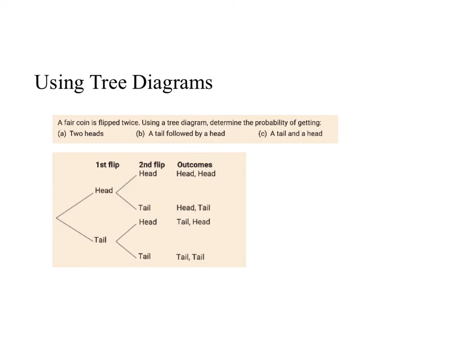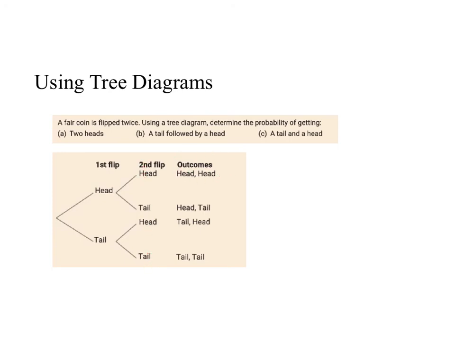The tree diagram will look like this. When we flip the coin the first time, we can get a head or we can get a tail. If we get heads the first time, we get a head or a tail the second time. If we get tails the first time, we get a head or a tail the second time. You can see here it's divided up into the first flip's outcome and then the second flip's outcome.